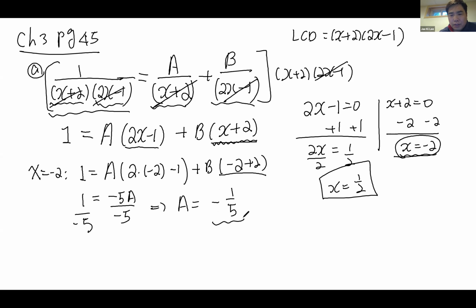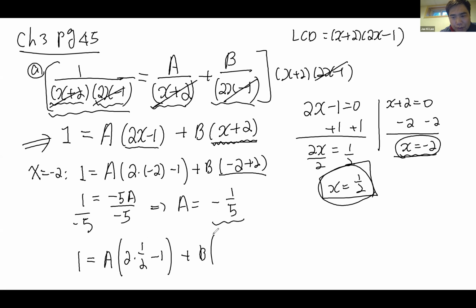And now you don't replace A equals negative 1 over 5 into this equation yet. Instead, now you put x equals 1 over 2 into here. So 1 equals A times (2 times 1 over 2 minus 1) plus B times (1 over 2 plus 2). As you see, this becomes 1 minus 1, so it's gone.